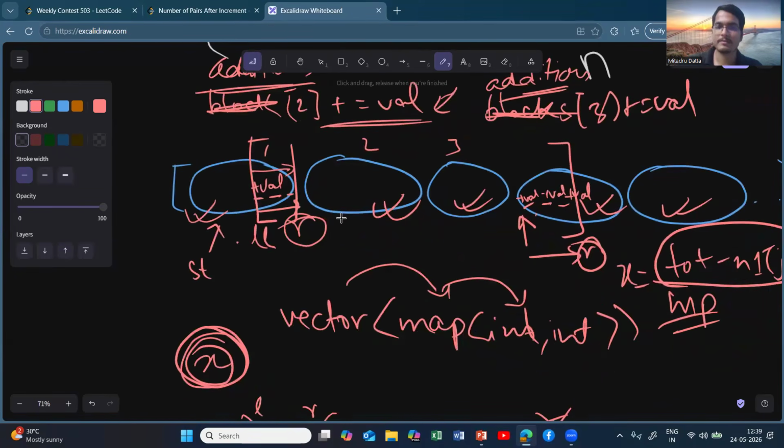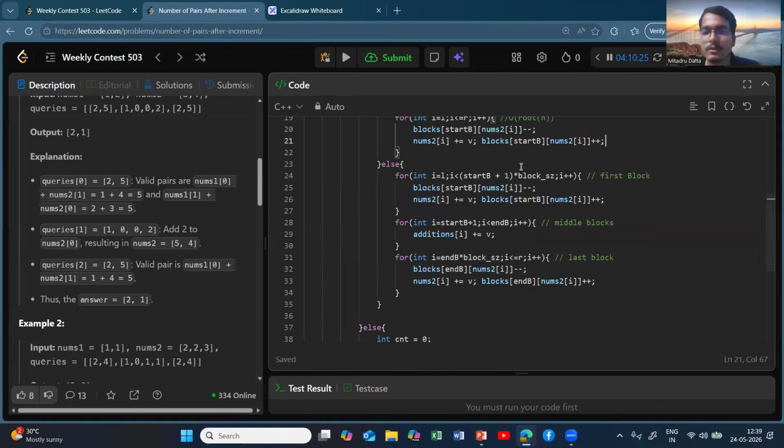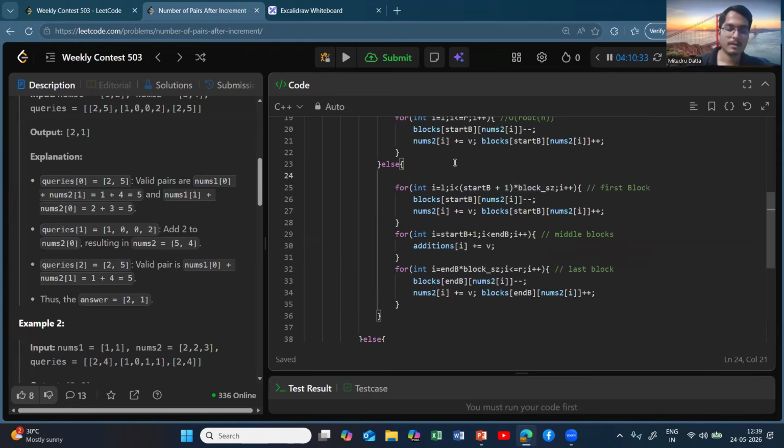Then you follow the same thing. Start from L and go to the end of start. This is nothing but the end of start, which is start block plus 1 into block size.